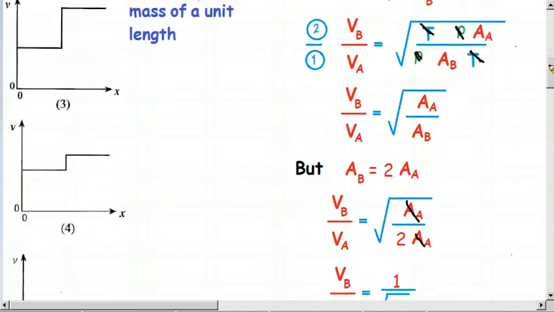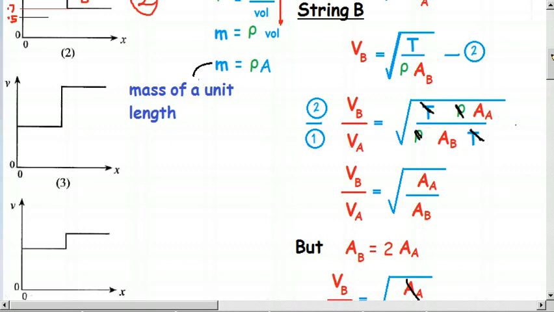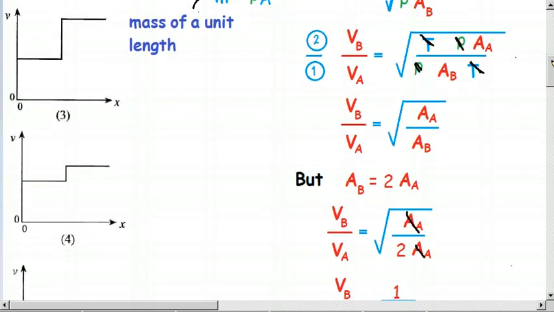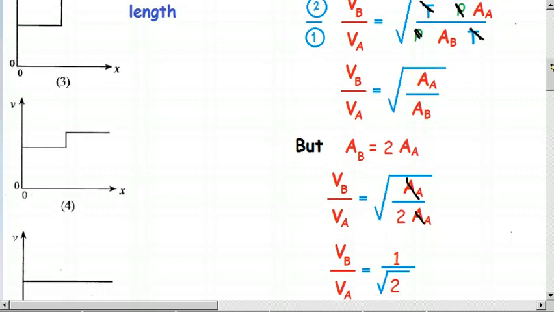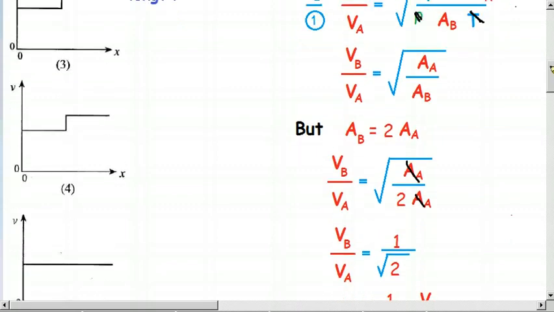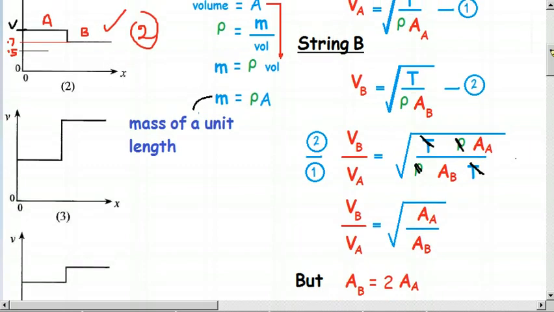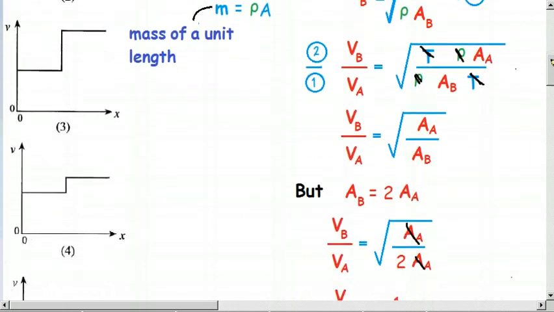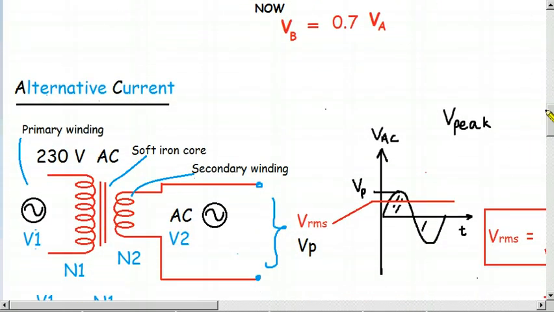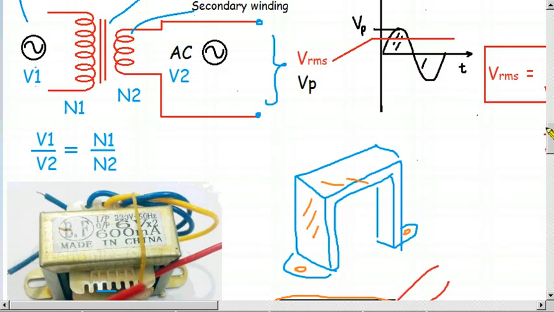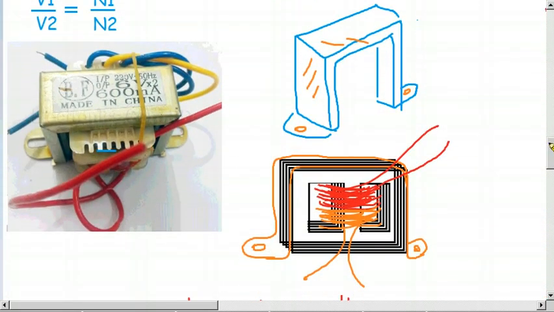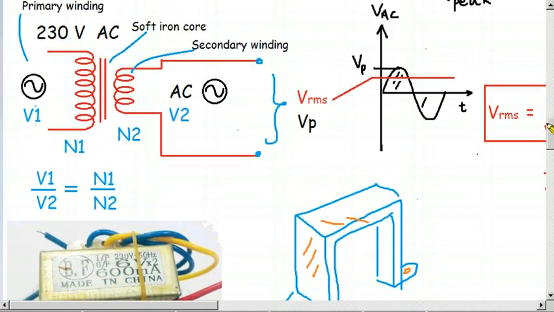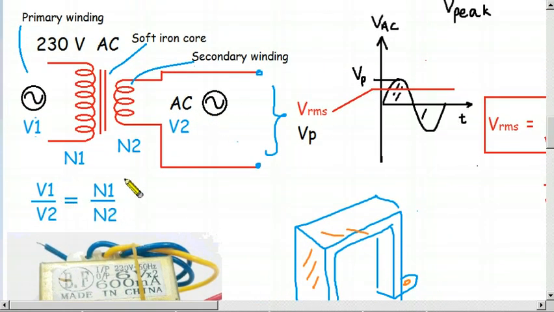They can start the equation, but they can't reach the final goal, because somewhere they make mistakes and get the wrong answer. So I showed you how to simplify the equation, and also what VRMS and VPeak value are in current electricity. I also explained what a transformer is and how to find the output voltage using the number of turns.